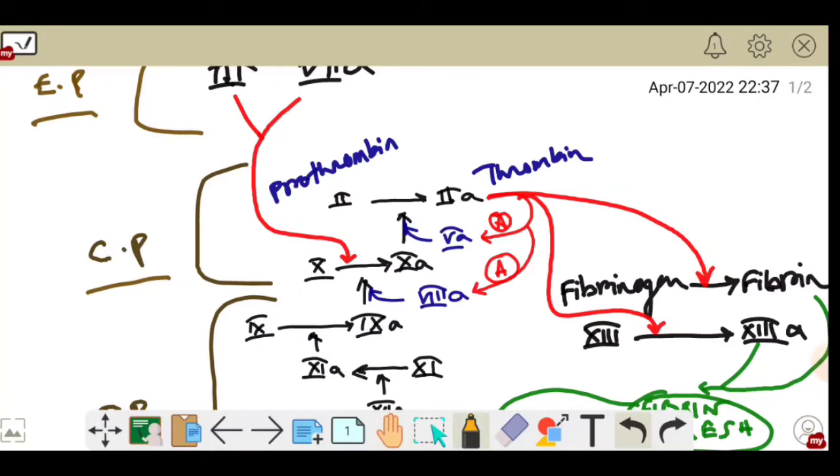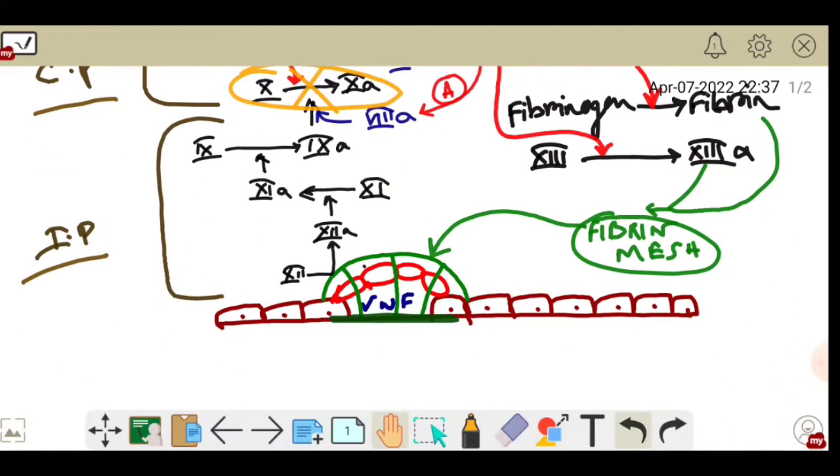in this particular part, if this step and this step get blocked, if these two steps do not occur, then at the end the fibrin mesh will also not be able to form, and there will be no stabilization of the clot, and the clot is easily breakable.